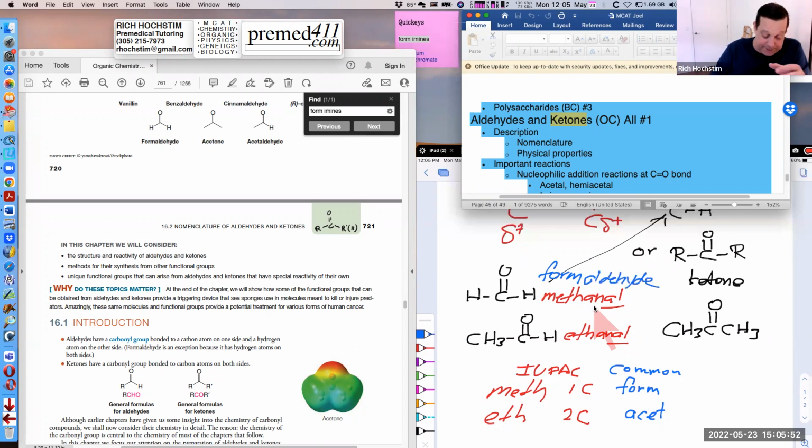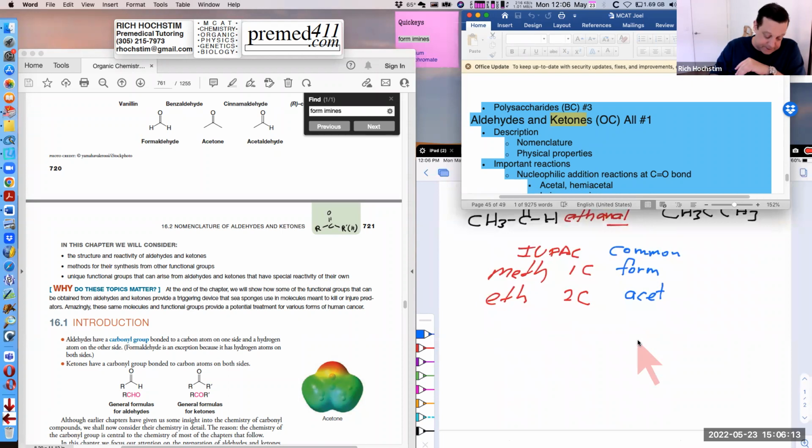So formaldehyde is the common system. And then for ethanal, we're going to call this acetaldehyde. So that's the basic system.